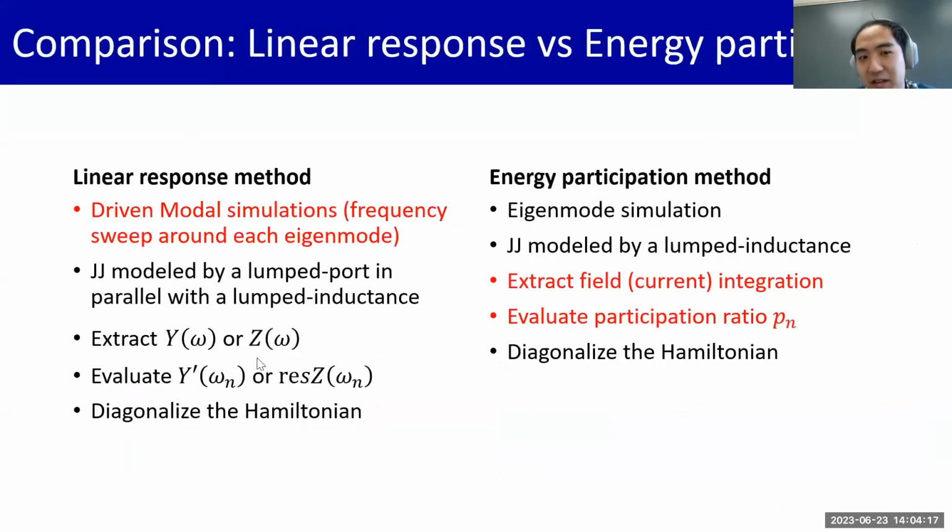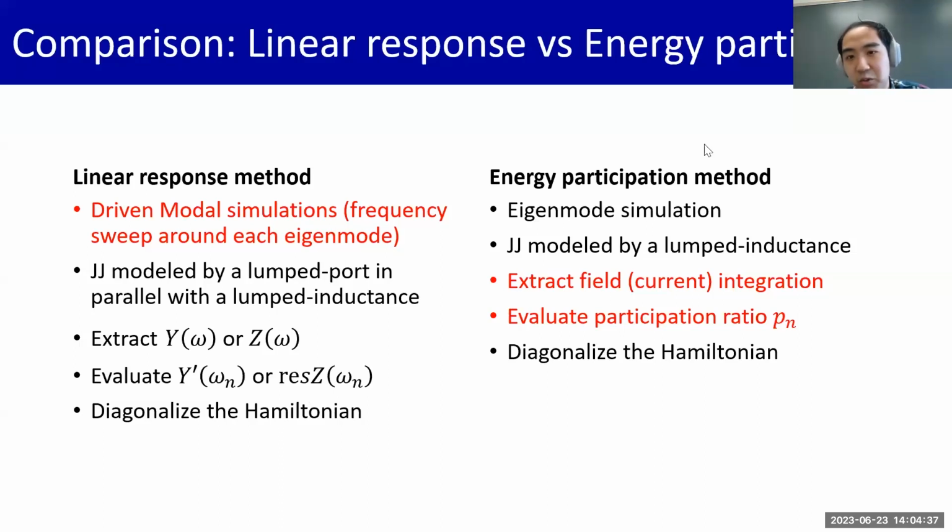We can either do it from a driven model simulation in HFSS, where we sweep the frequency across each eigenmode, export the linear response function, either the impedance or the admittance matrix, and evaluate these values to get phi ZPF.